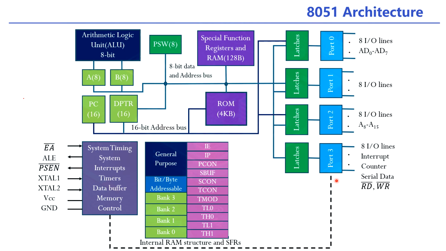Port 3 has a number of benefits for the users. Basically you see here 8 input output lines you can use as input or as output, right? Second thing, you can use it for interrupt purposes. We will see what the interrupt is and what is the role of interrupt in this 8051 microcontroller.